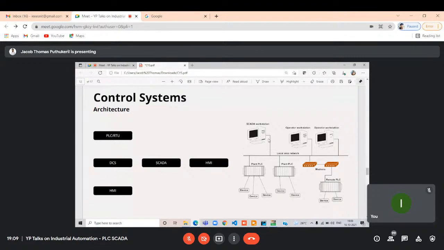So with SCADA, we are able to control, supervise, collect data and report data, that too real-time data. Also we are able to store that in a particular database, anytime, anywhere. And database means it can be in hardware as well as in a cloud-based system. So that is what a SCADA system is.